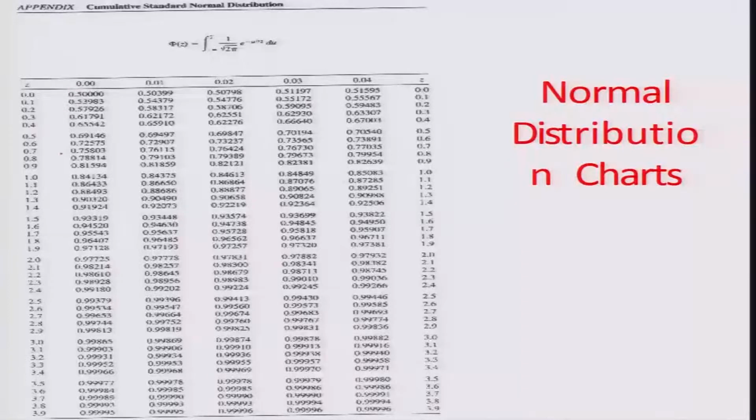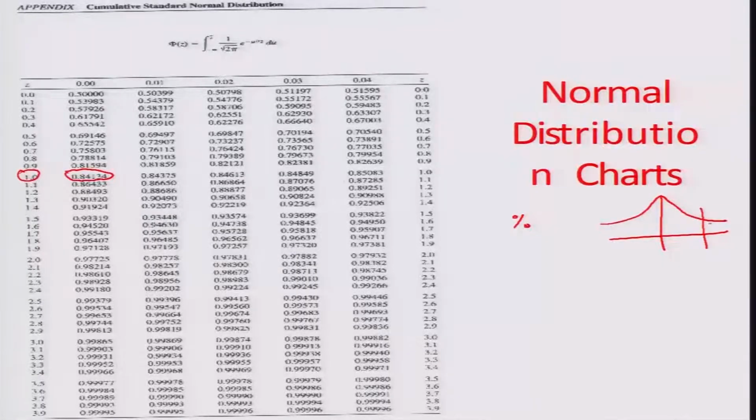So, let us go to the normal tables. You see in this particular case, for a Z value of 1.0, the area under the curve is reported with a CDF of 0.84134. So, let us just go by what we are looking at in the normal distribution curve.